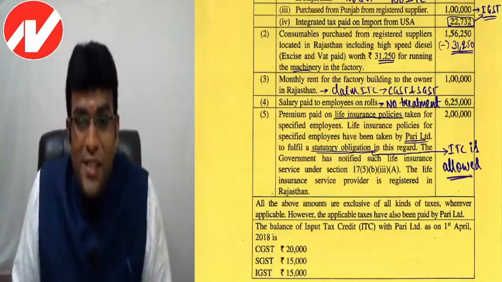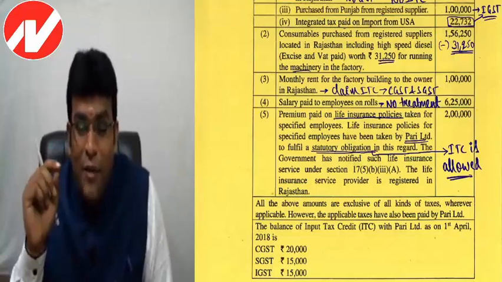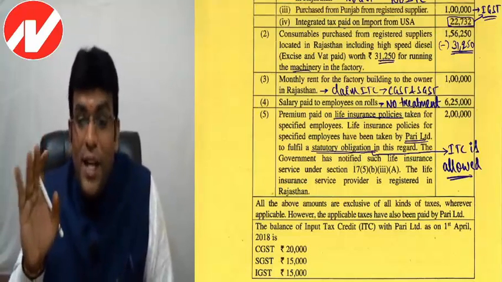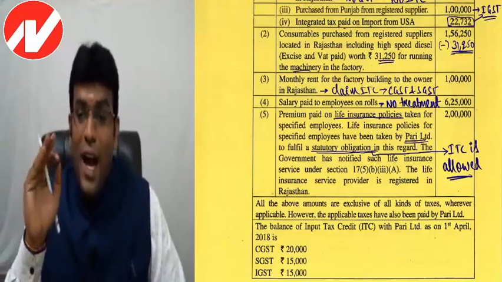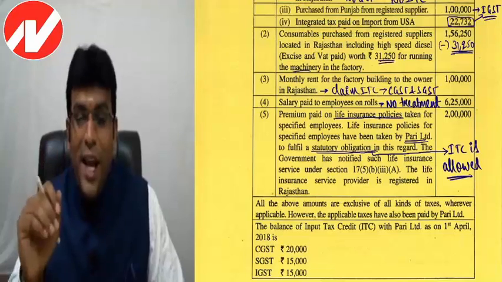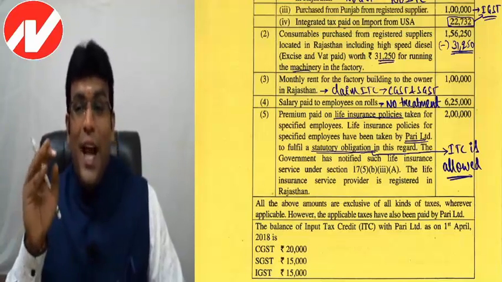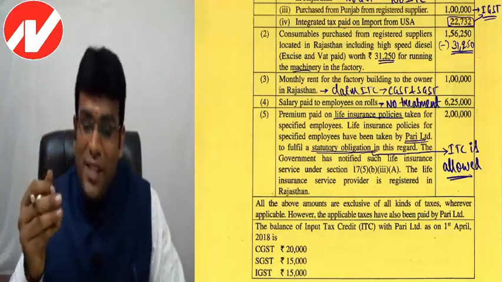Getting clarity, friends? Come on, speak out. I repeat one more time, sir. In case of life insurance and health insurance, generally input tax credit is not allowed because it is a block credit under section 17(5) clause B. However, if it is taken to fulfill a statutory obligation of the employer, then definitely input tax credit is allowed.